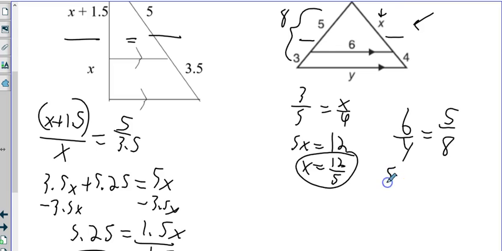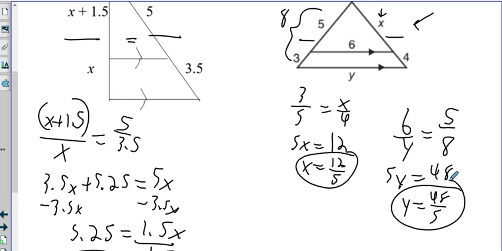So that gives us 5y equals 48. Divide by 5, y equals 48 over 5, and you can just leave it like that. No need to turn it into a decimal. And it won't reduce. And that's it.